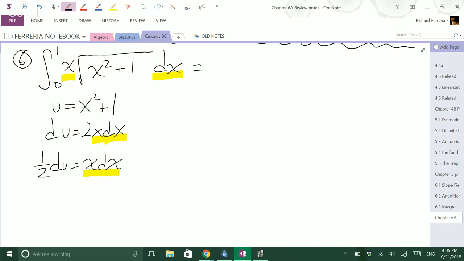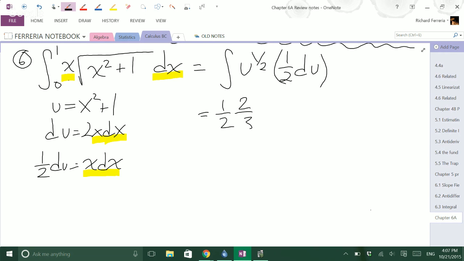Okay, so let's forget about the definite integral for a while, and let's just work on the antiderivative. This turns into the antiderivative of u to the 1/2 times 1/2 du, which is 1/2, 2/3, u to the 3/2.